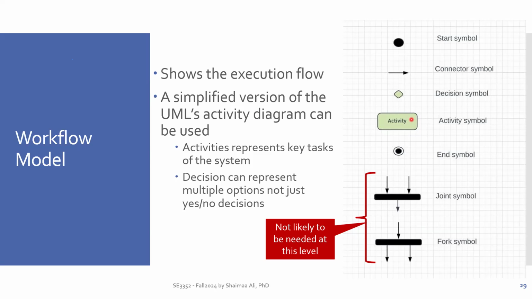So let's say the user needs to choose one of the elements. Choosing one of the elements is the activity here, not clicking on a drop-down menu, because you don't know whether it's going to be implemented as a drop-down menu or as another type of menu or just a set of buttons. You don't know how it is going to be implemented at this point.